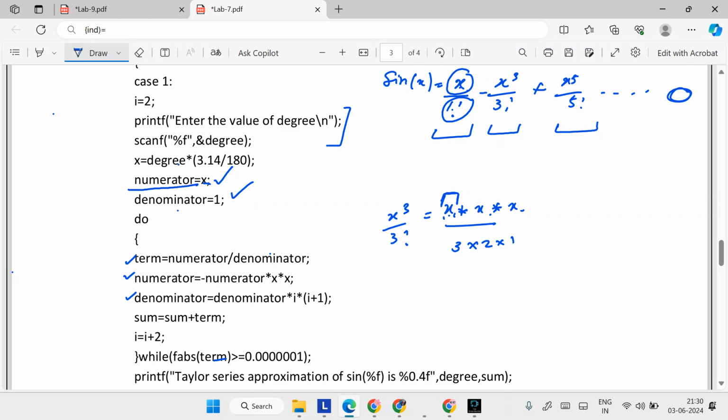So instead of writing x, I have written numerator times x times x. So next time when it is x to the power of 5, x cube would have been from the previous numerator. Correct? Again you will multiply with the two x's. So I have written like this. And here it is 5 factorial, so it is 5 times 4 times 3 times 2 times 1.